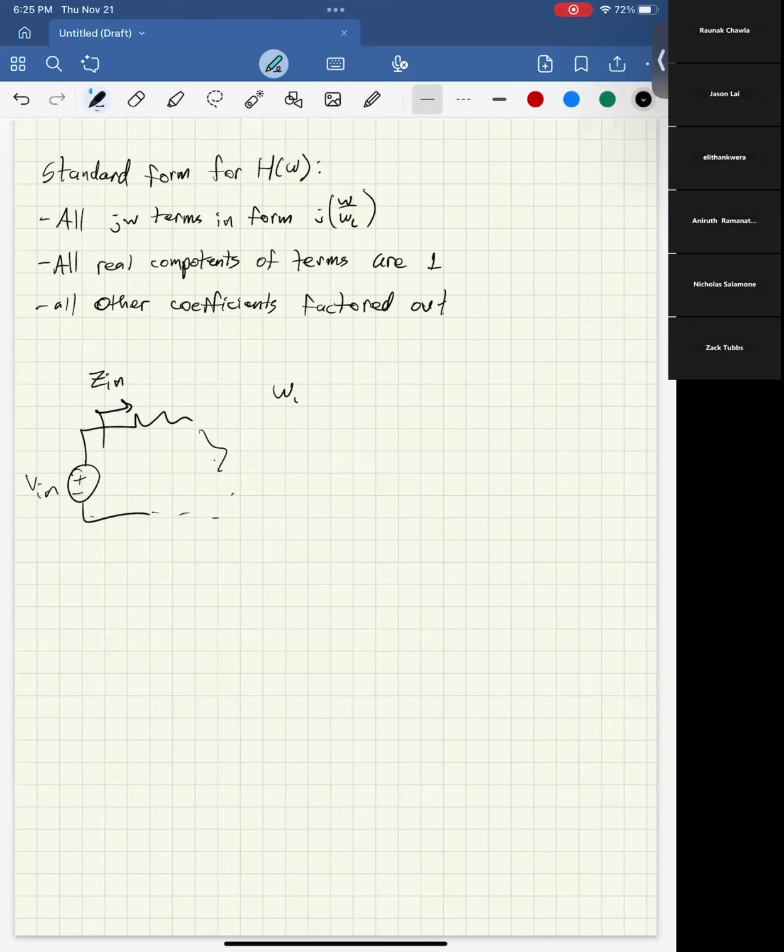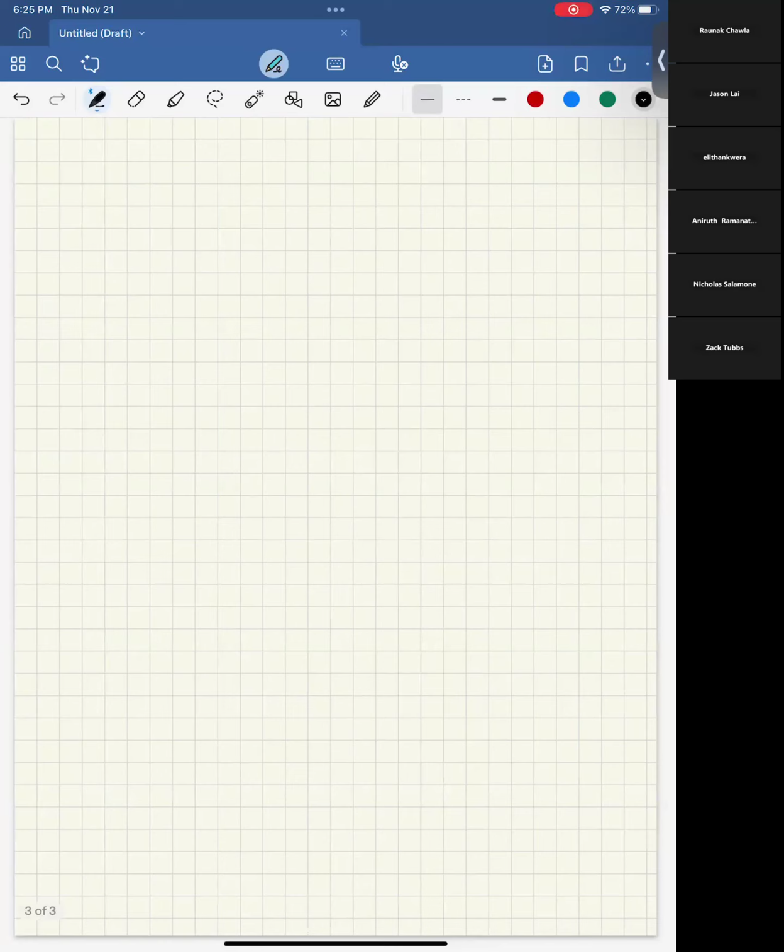Then the resonant frequency is the frequency such that the imaginary component of that input impedance is equal to 0. I'll explain what that means in a second. That's something you might be expected to do on a quiz. Hopefully you know what this means from class, but if not, I will show you an example anyway.